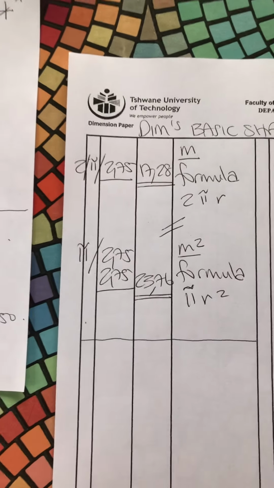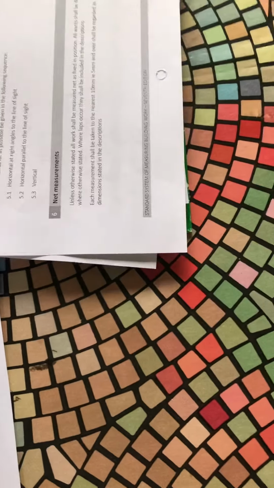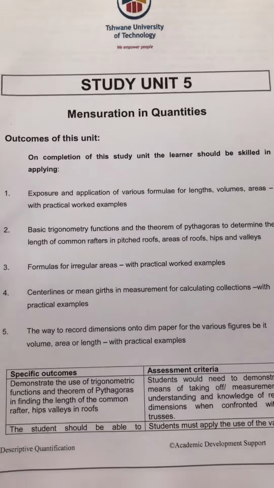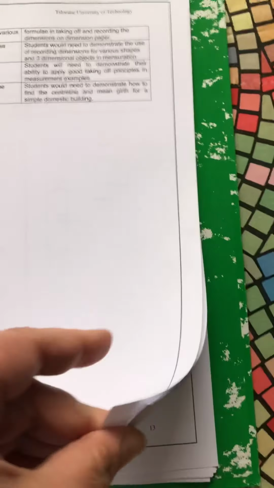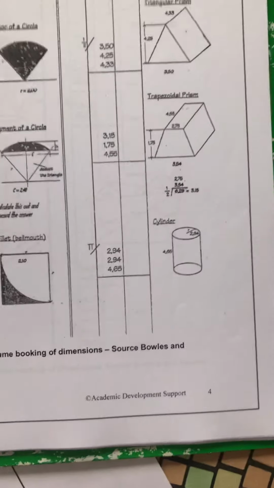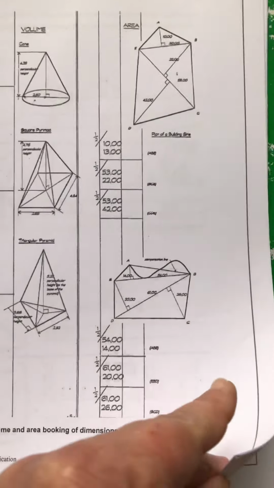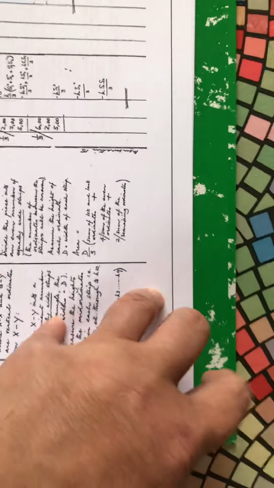If you need to look at your basic shapes formulas, if you've maybe forgotten them, please go and see study unit 5 when we start with mensuration. You see that they've got all the basic formulas in the first few pages of the mensuration, and even some more pages up to here at the back.